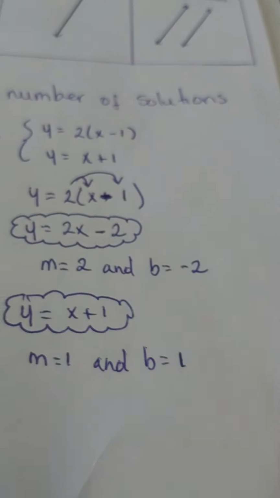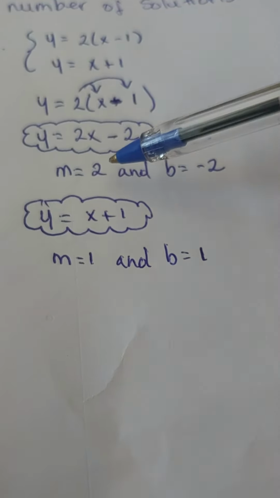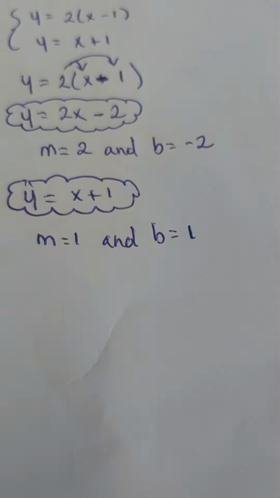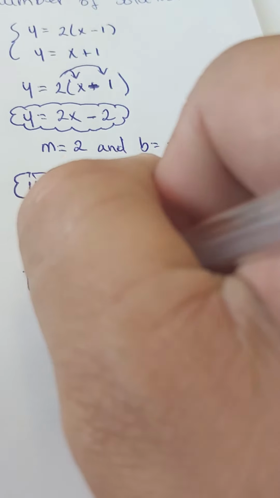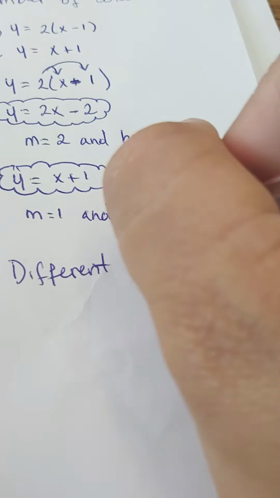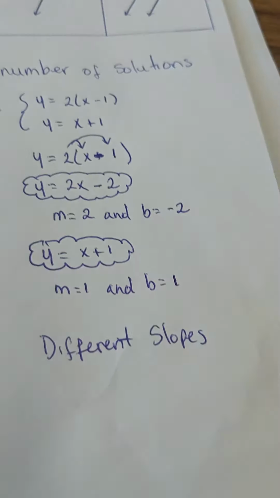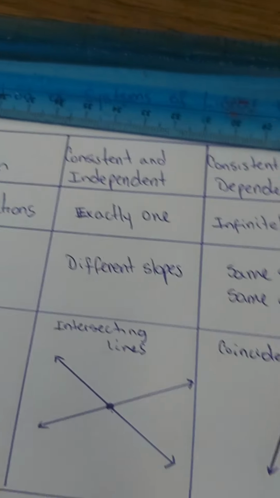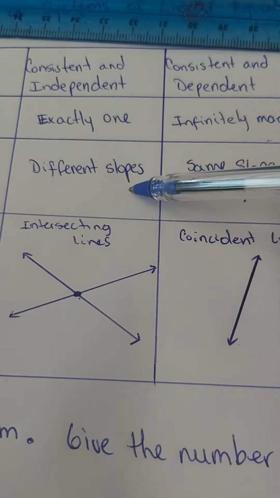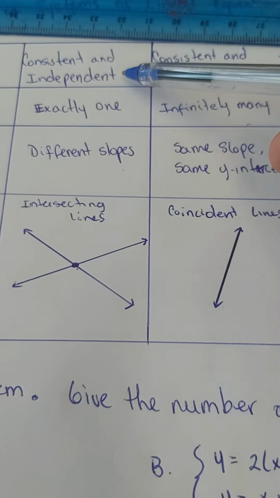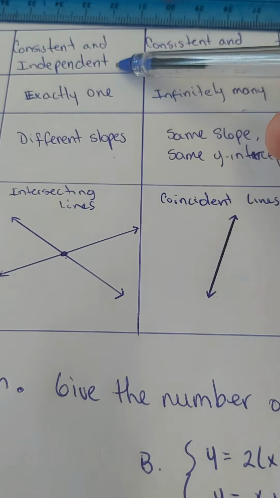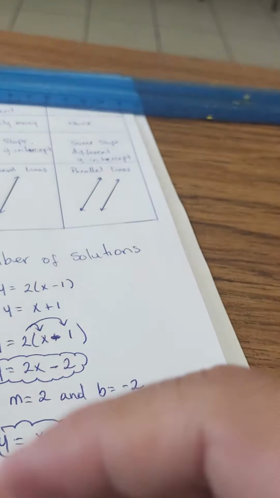So what can we tell about the two equations? Look at the slopes. We have different slopes. So if we go to the table, different slopes, then the system will be consistent and independent.